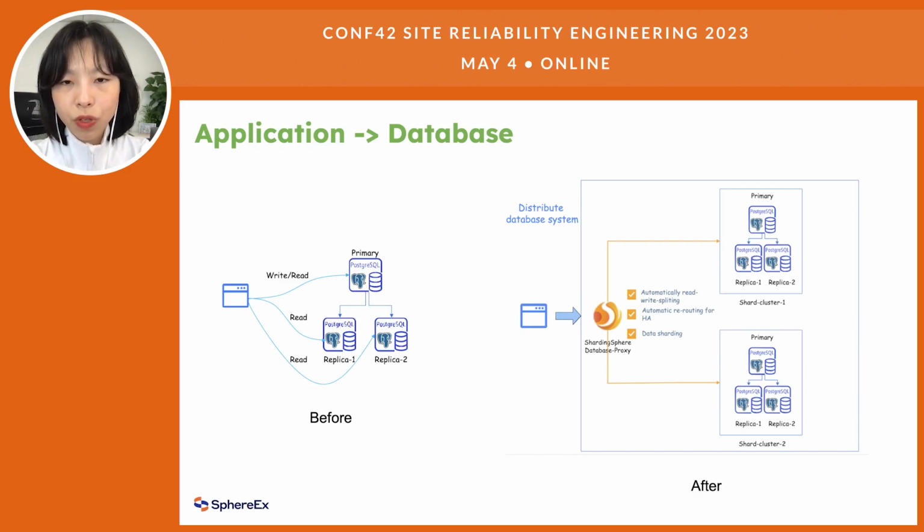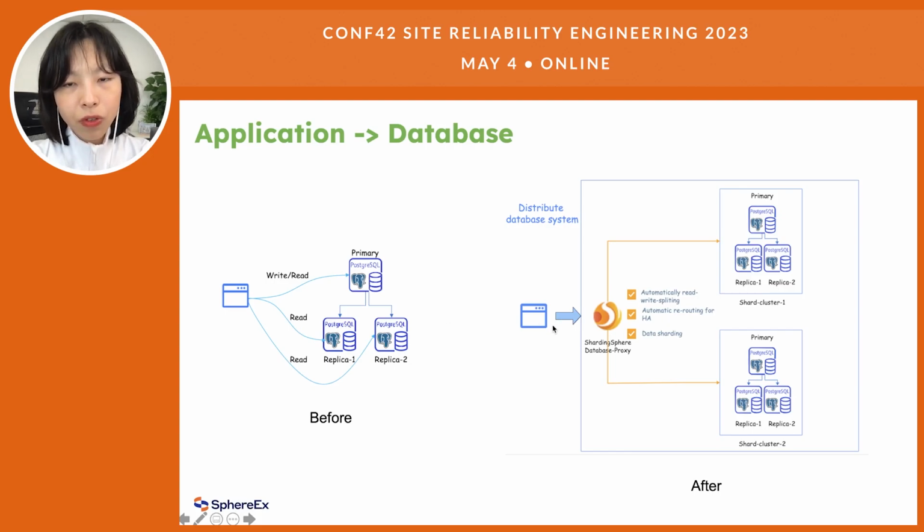So when you use Sharding Sophia, your database infrastructure will go from this one to this one. Before, your application directly visited your PostgreSQL instance, and needed to know which was the primary node and which was the replica node.